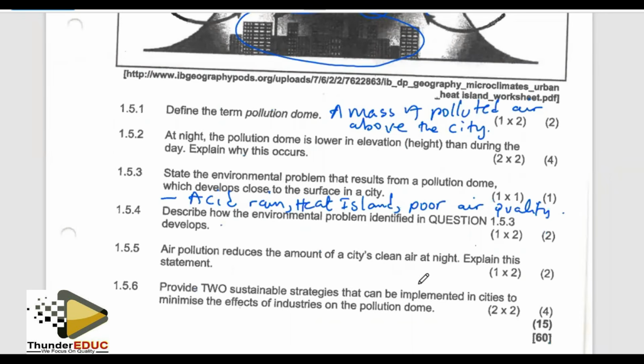1.5.6, provide two sustainable strategies that can be implemented in cities to minimize the effects of industries on the pollution dome.